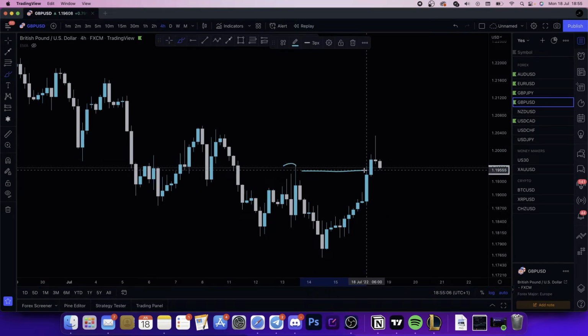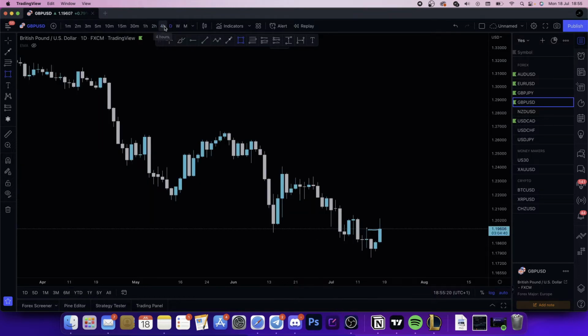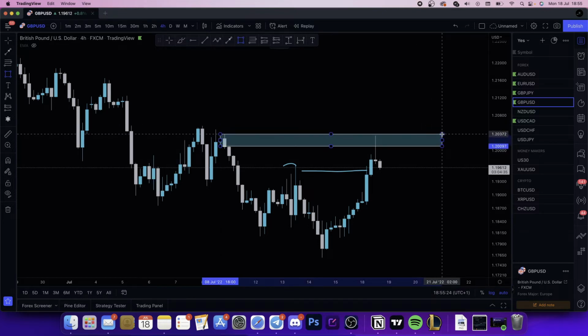Price has broken this high here, so it is a change in character. There is bullish intent on the 4-hour chart. But remember, we are looking at the daily, and we see that price was bearish. So we're going to be looking for shorts for now until we get the confirmation of trend.